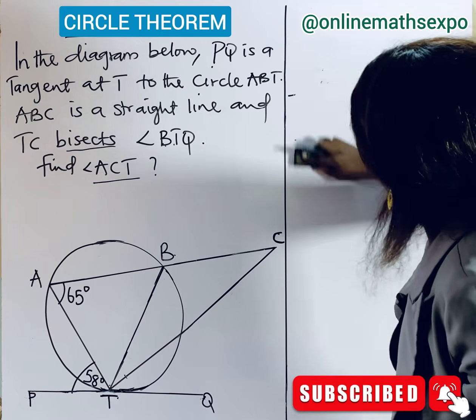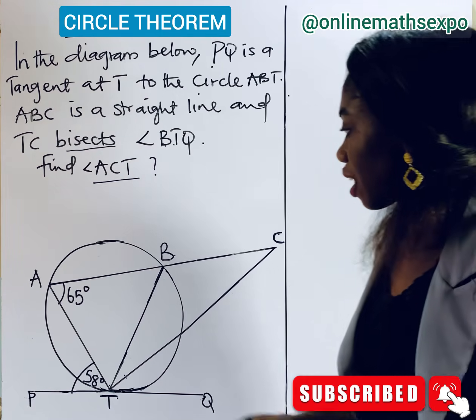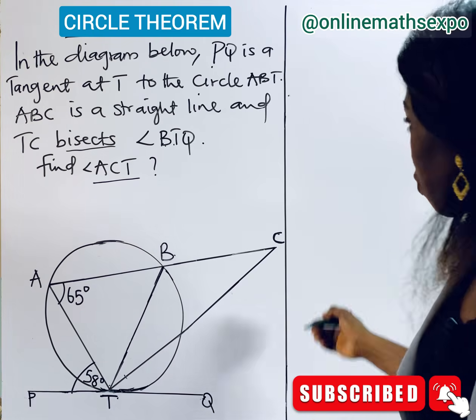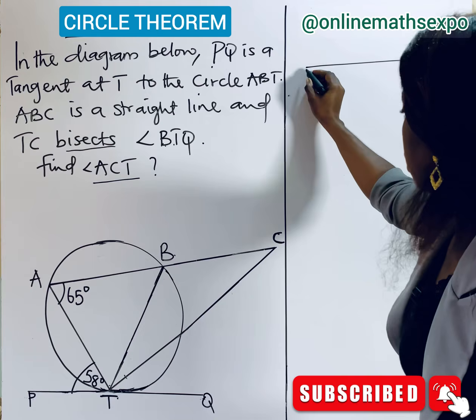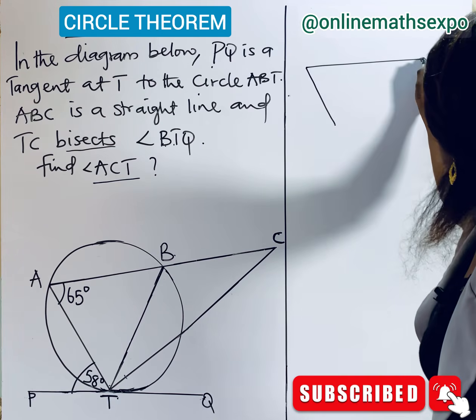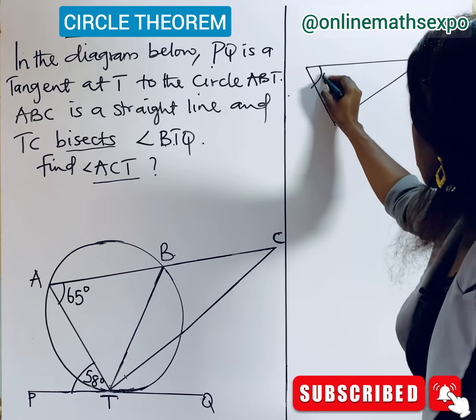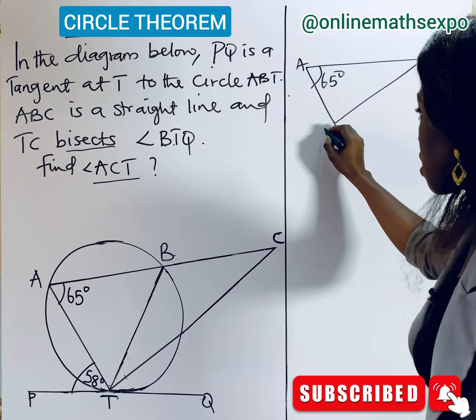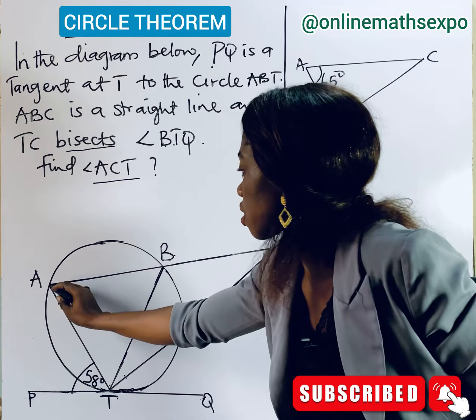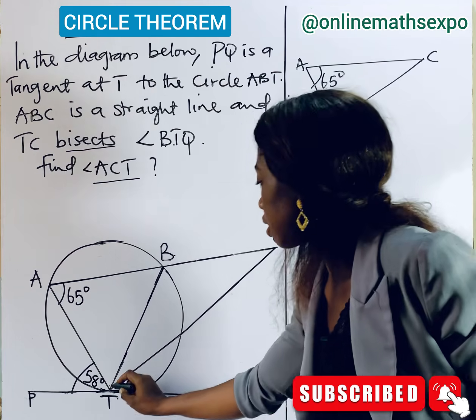To answer this question, what do we do? Let's bring out the diagram that shows what we are asked to find. This is what we have. And this is the diagram. The angle here is 65 degrees. Here is A, here is C, and here is T, which is this, this, and this. Did you see it?